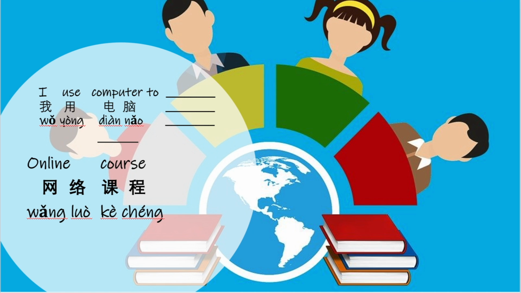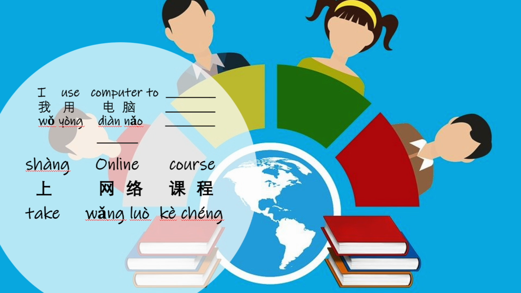To say online courses, it is 网络课程。网络 means online or internet. 课程 means course. So to say online course is 网络课程.